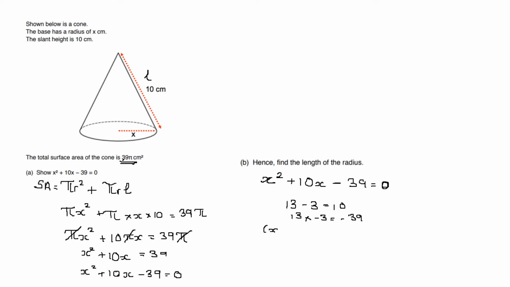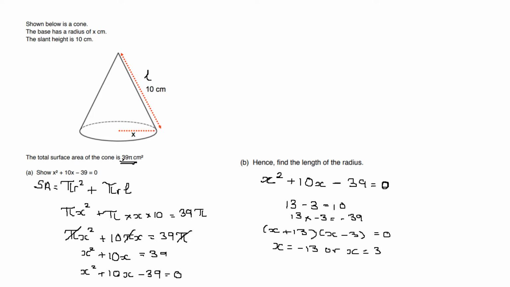So I'm going to have x plus 13, x minus 3 equals 0. So the two values of x which satisfy this quadratic equation will be minus 13 and 3.